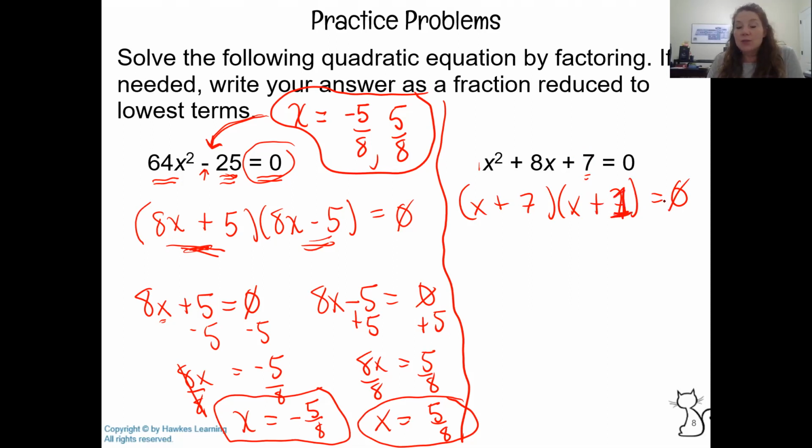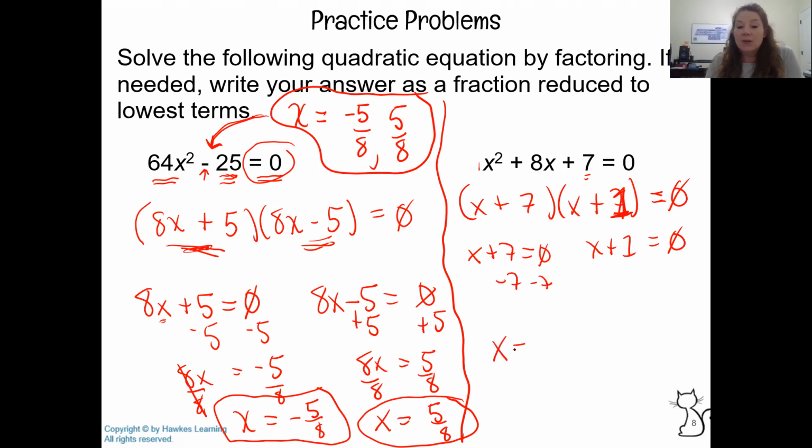All right, well, since we are trying to get a quantity of 0, that means that either this first set of parentheses could equal 0, or the second set of parentheses could equal 0. So when we set them both equal to 0, we want to solve for x. To get rid of plus 7, we're going to subtract 7.